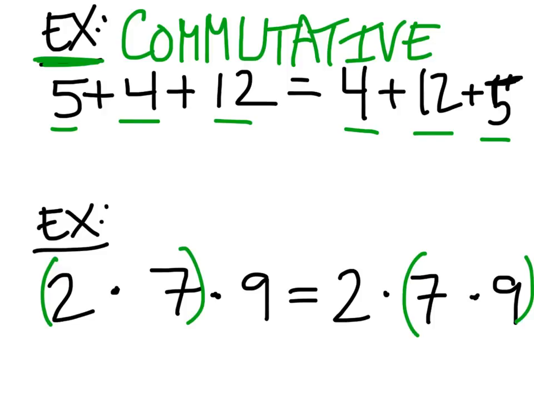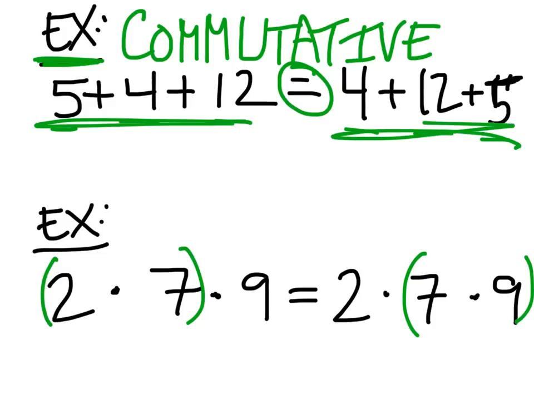So, the commutative property is where numbers commute. They go from one place to a different place. Okay? But in addition to that, it won't change the answer. They're equal. Right? And you could solve these if you really wanted to. 5 plus 4 plus 12, and then 4 plus 12 plus 5. You're going to get the same answer, okay?